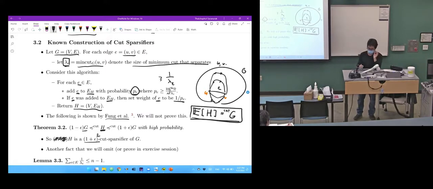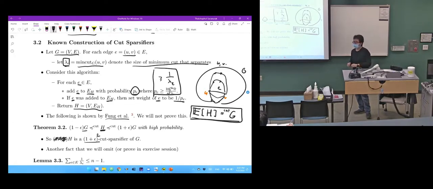But by high enough, this is the most curious part of the algorithm. We set the threshold to be something like 1 over lambda for each edge. Intuitively, if between endpoints U and V there are a lot of paths anyway.